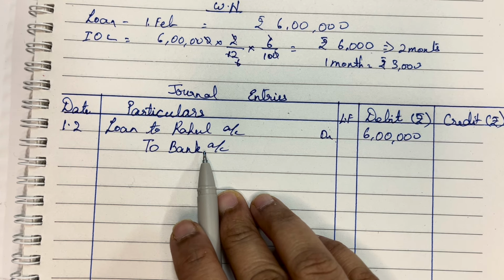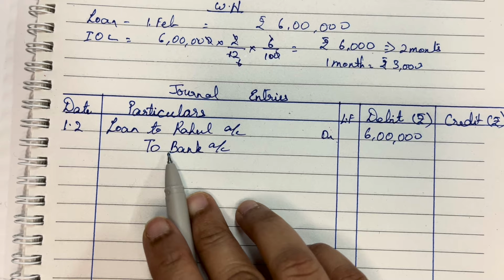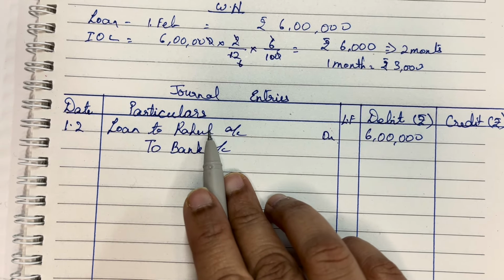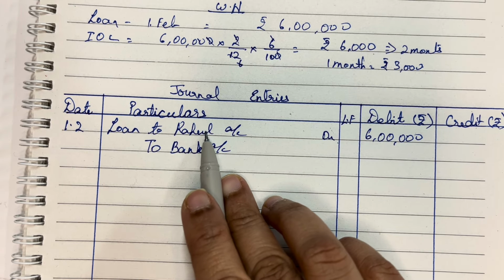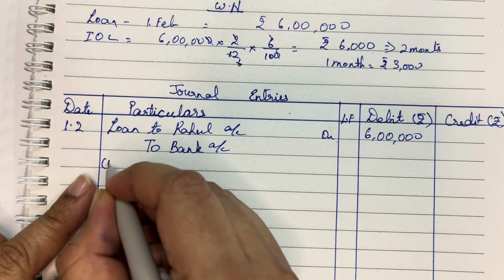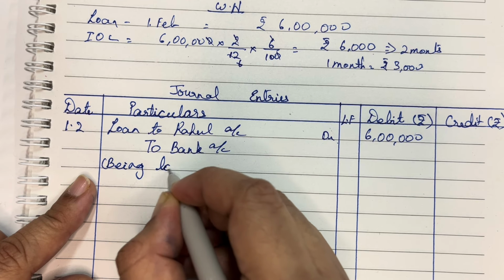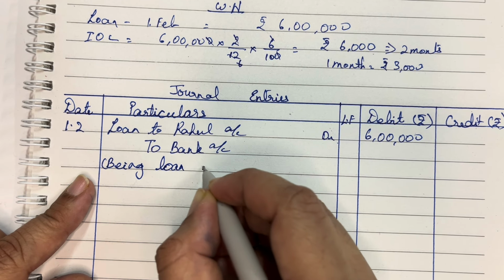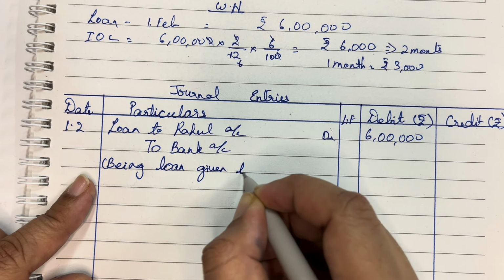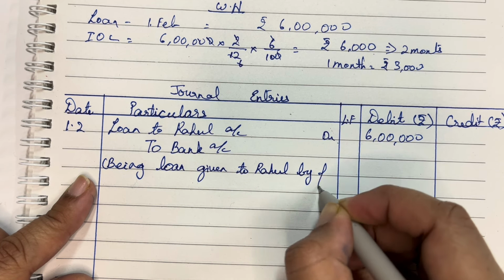It's credit what goes out. What is going out? The firm is losing its money from the bank. So we are writing to bank over here. Okay, and this is debit the receiver. Who is receiving the loan? Rahul is receiving the loan. Being loan given to Rahul by firm.